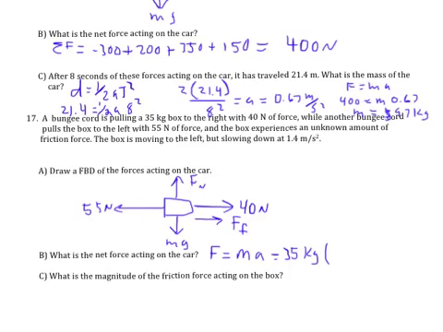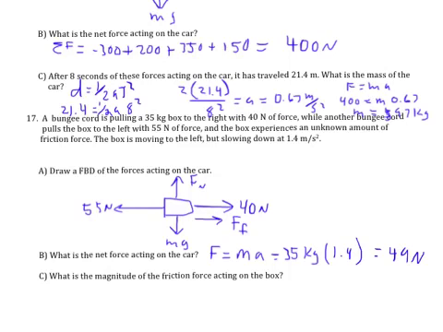So I know that this has to be a positive acceleration, even though it's moving in the other direction. So I'm going to put positive 1.4 meters per second squared. And when I multiply that through, I get 49 newtons. So my net force is 49 in the positive direction.